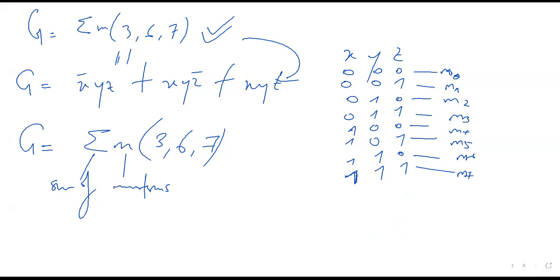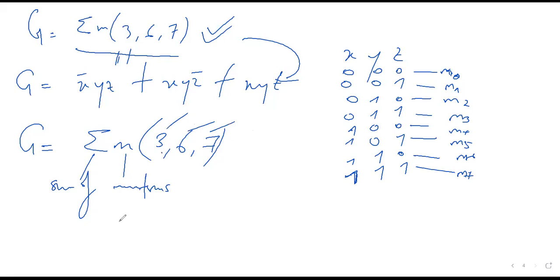Going back to the notation, it says it's a sum of min terms number 3, number 6, and number 7.